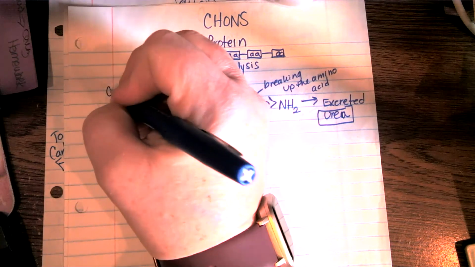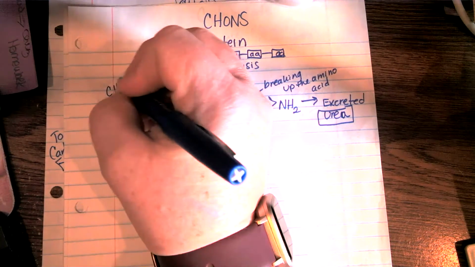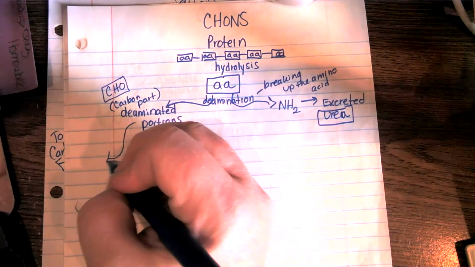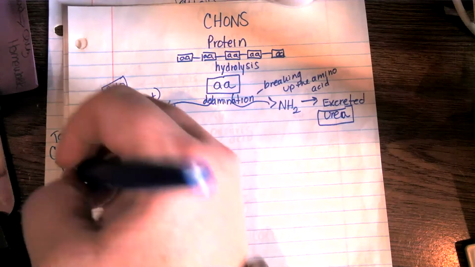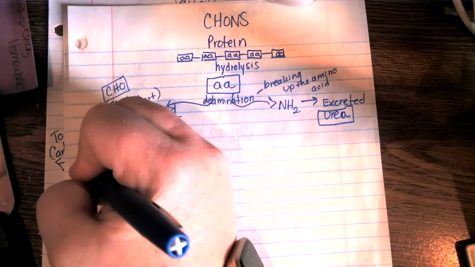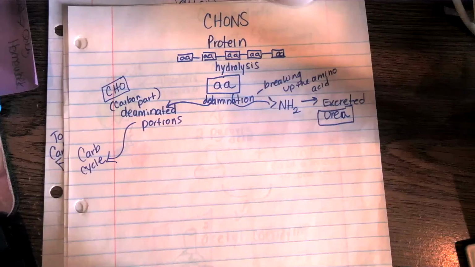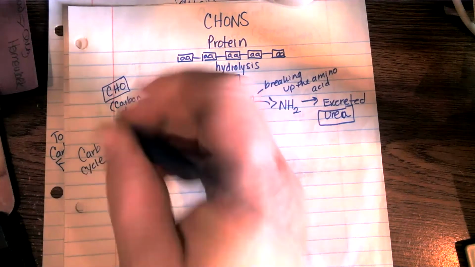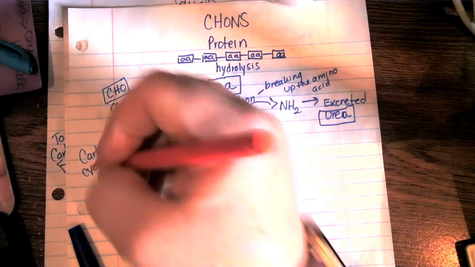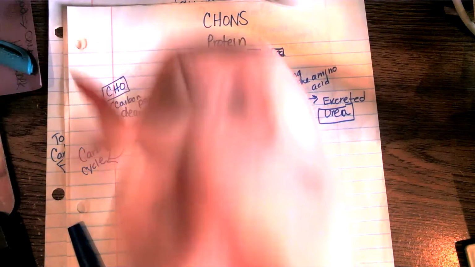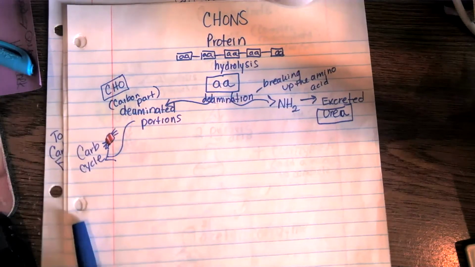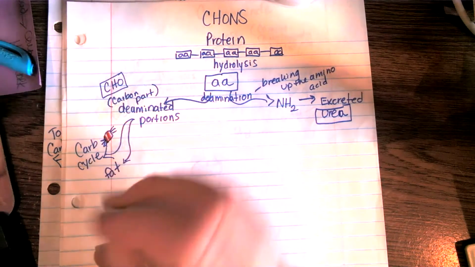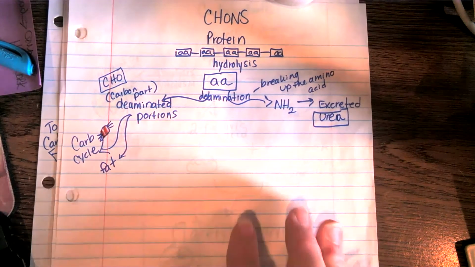So why don't I just put, it's going to have some CHO here. Now this can go on to the carb cycle, because this can be converted into our candy. If you don't use it, you store it. So it can be stored as a fat for later.